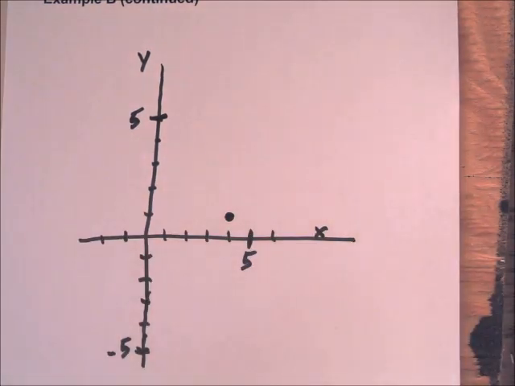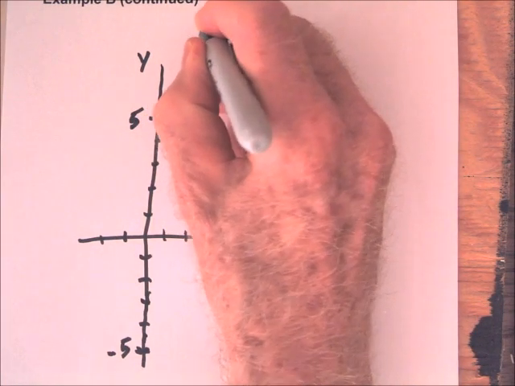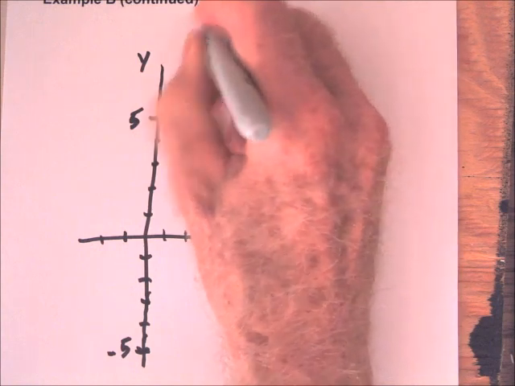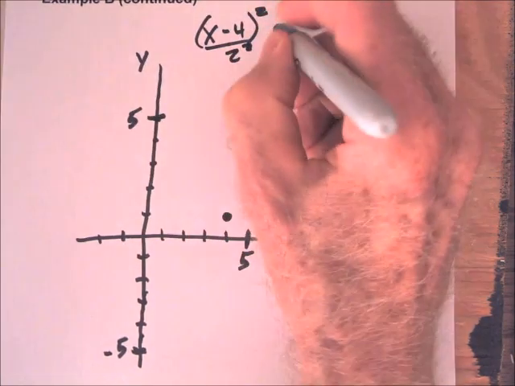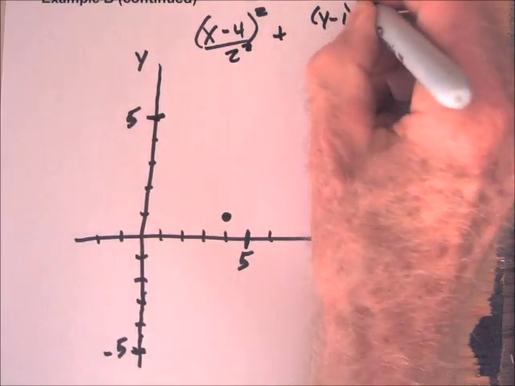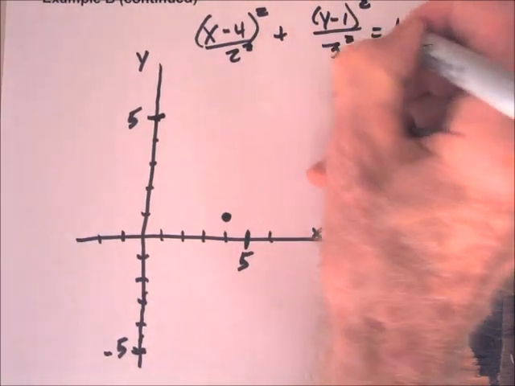I'm putting that in black because the center is not actually part of the ellipse; it doesn't satisfy the equation. The center is a feature of the ellipse, but it doesn't satisfy the equation. The parts that satisfy the equation I'll make in red. Let me rewrite the equation on the same page: (x minus 4) squared over 2 squared plus (y minus 1) squared over 3 squared equals 1.